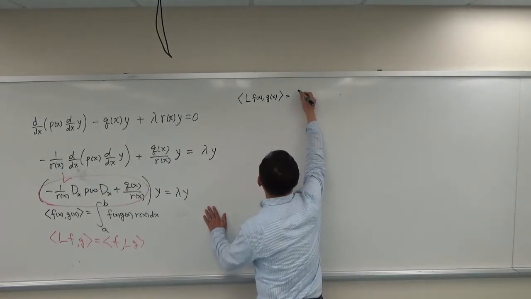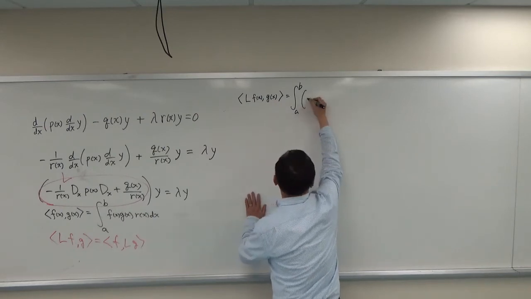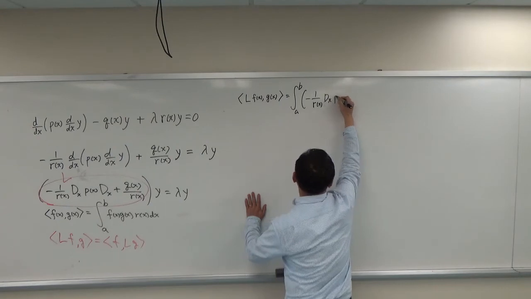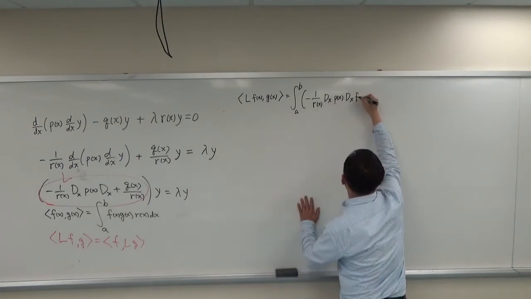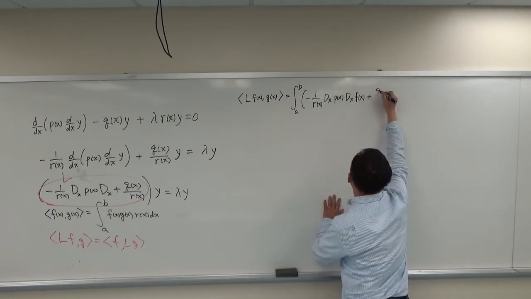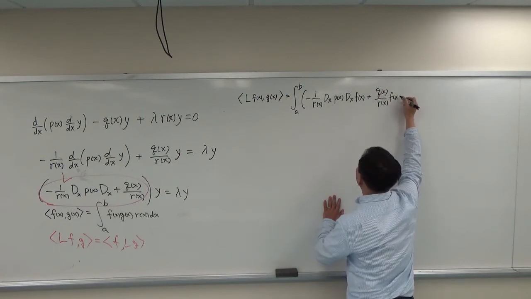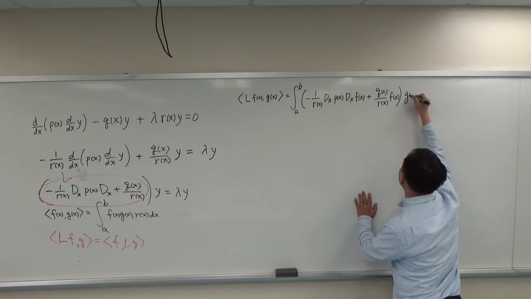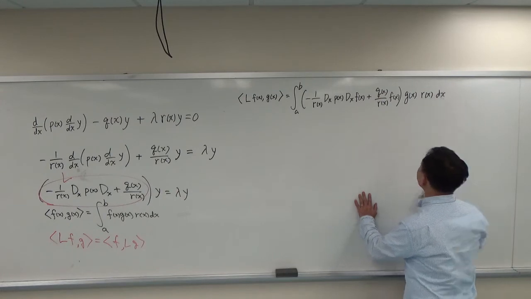So we do the integral from a to b of -1 over r(x) d/dx p(x) d/dx, let's put the f here, and then plus q(x) over r(x) f(x), times g(x) r(x) dx.